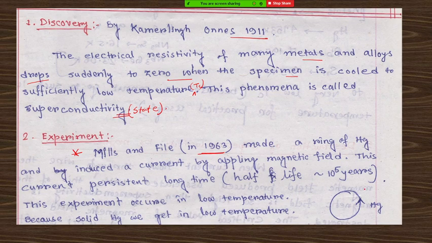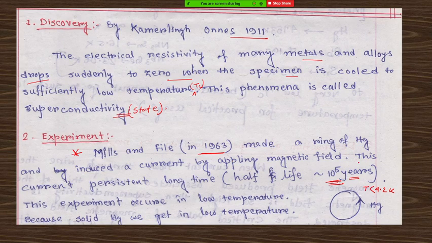At or below 4.2 Kelvin, this becomes a superconducting state, right? If we apply the current within this state, the current half life is 10 to the power 5 years. Can you imagine how long this current will flow within this conductor? So effectively there is no loss of current in the superconducting state.